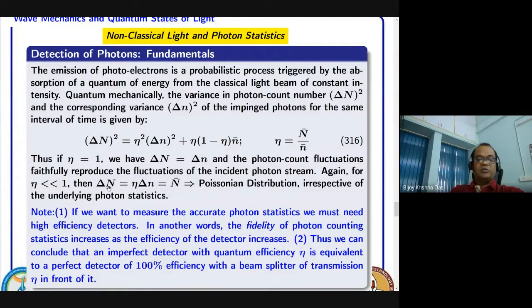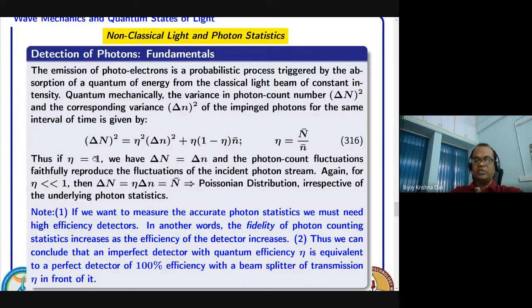So you are getting delta N equal to N bar equal to n bar. That is the photoelectron distribution, which will be Poissonian. It will not respect what your source is. If eta is much lower, the source may be sub-Poissonian, but you will ultimately end up with a Poissonian distribution. So that is the problem.